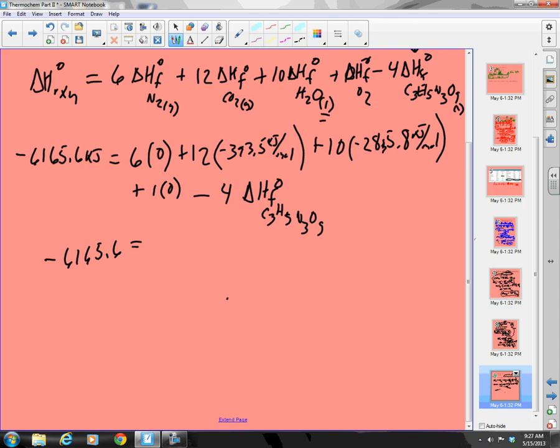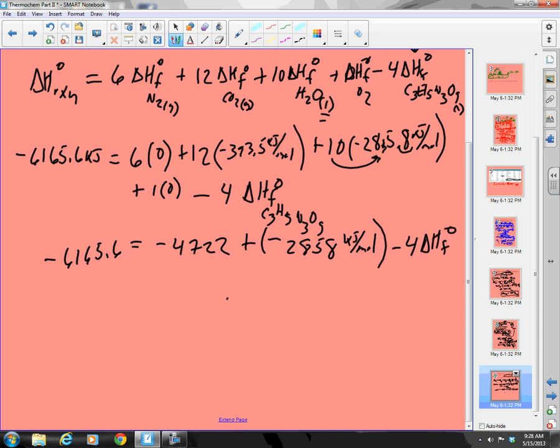Oops, made a mistake already. 12 times negative 393.5, and that's going to be a negative 4722 plus negative 2858. I can multiply 10 times that just by doing that. Kilojoules per mole, right? Plus 0 minus 4 times my delta H of formation.